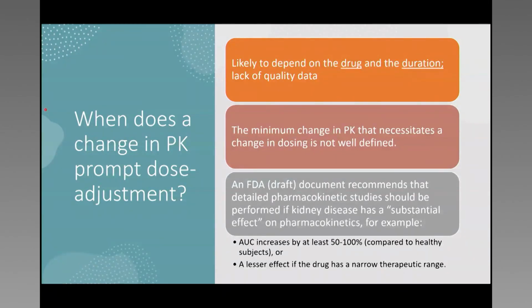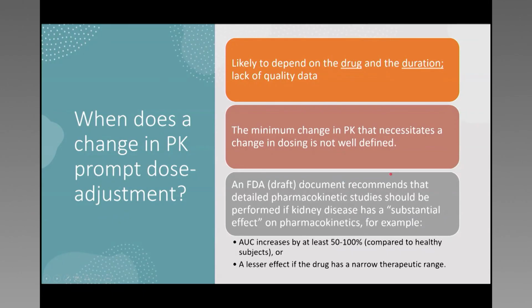But the point was that we should consider dose adjustment at that point, not that we need to dose adjust, because dose adjustment largely depends on the drug we're using and its own toxicity. It also depends on the duration that we're dosing a drug. If we're anticipating that we're going to be dosing a drug for a relatively short duration, then the likelihood that it will accumulate to toxic levels is probably low, and therefore we may not need to overcomplicate decisions around dose adjustment.